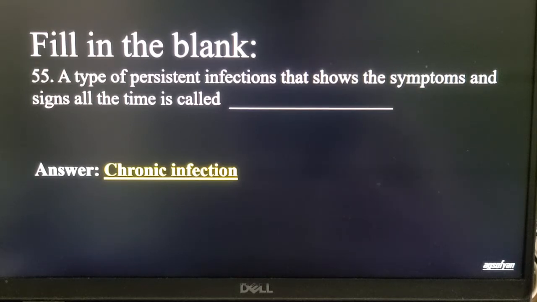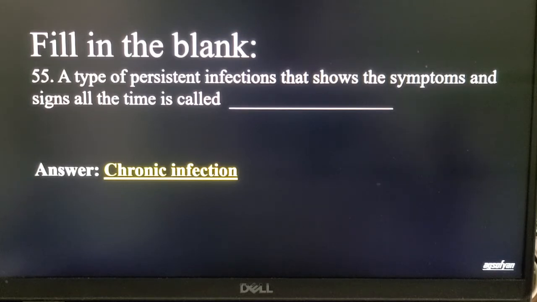The first type of persistent infection is a chronic infection, in which the signs and symptoms are present all the time. For example, if a virus causes hepatitis B, the patient will have this virus and will have the disease for a long time. It's a chronic infection, and you will see the signs and symptoms of hepatitis B in this person.